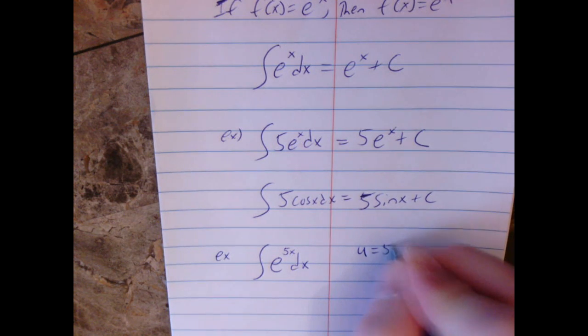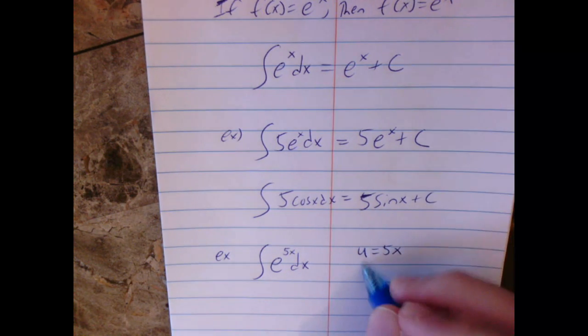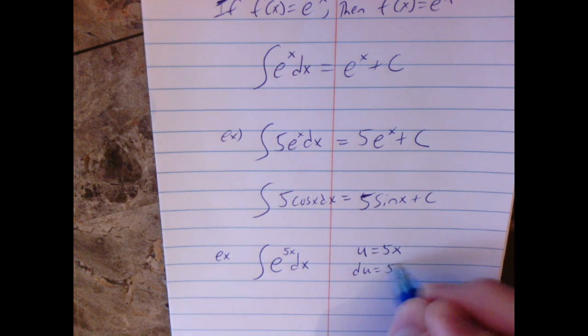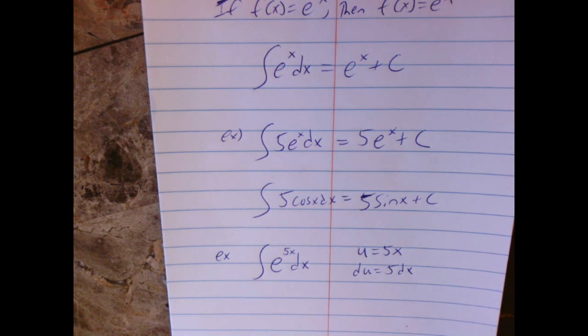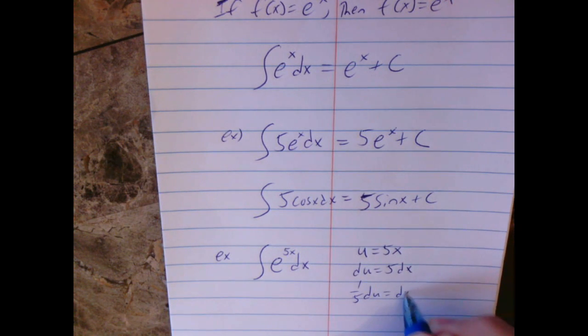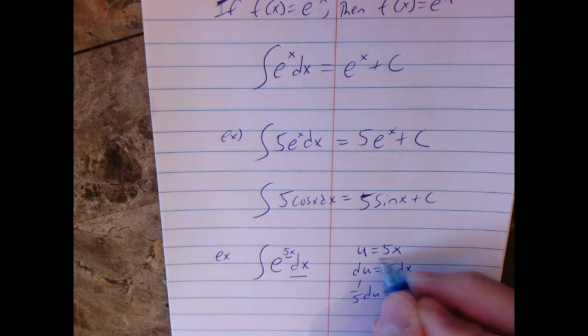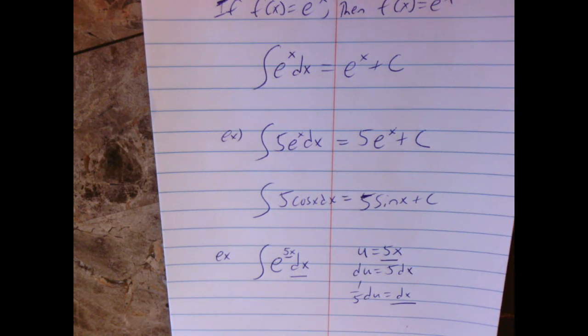If we let u equal the part that's causing the trouble, then we can take the derivative of that, which would be 5 dx, and I could divide both sides by 5, and I have a way to substitute for dx. I have a way to substitute for 5x. And all you have to do is do your substitutions all the way through.